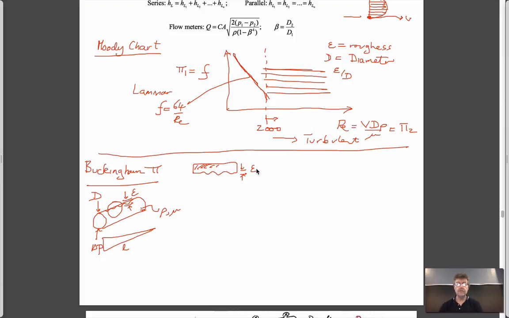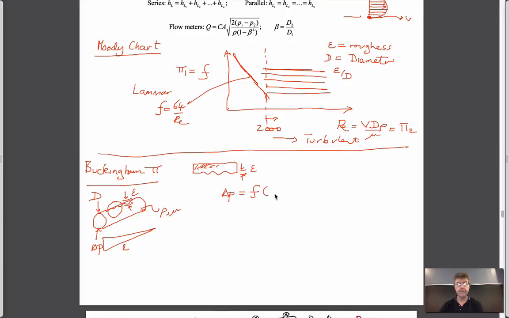And so what does Buckingham pi tell us? What did we call them? We called them variables, right? So what did we had change in pressure is some function of what?